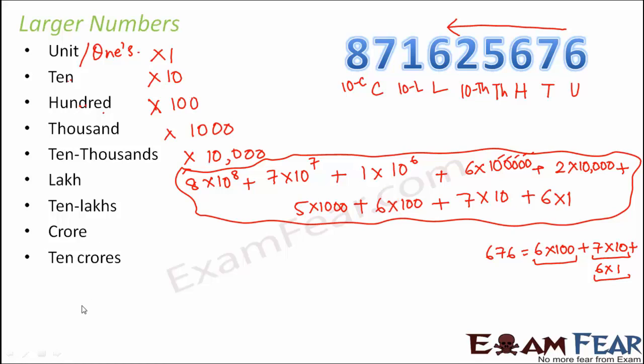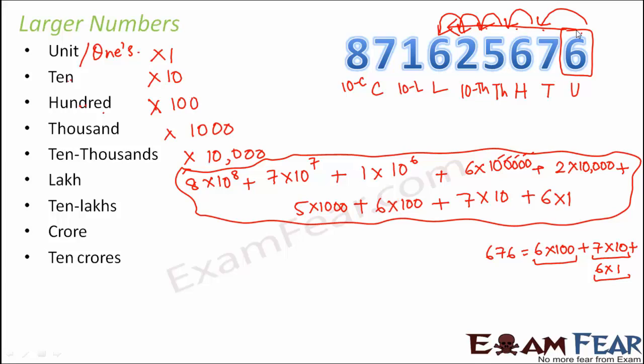As you move each place, a zero increases. If it is 1, here it is 10, here it is 100, here it is 1000, here it is 10,000, here it is 1 lakh, and so on. So with every place, 1 zero increases. But always remember that the rightmost digit is the digit at the units place or ones place.